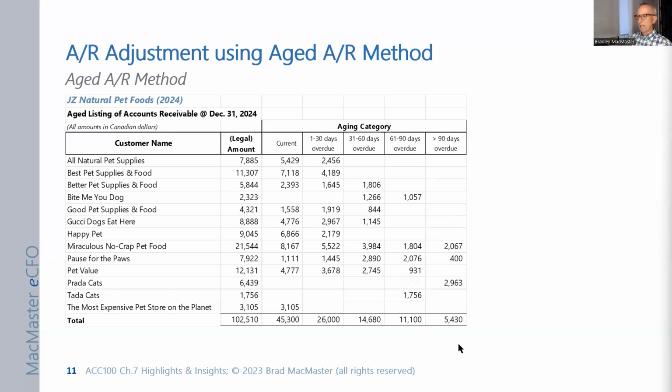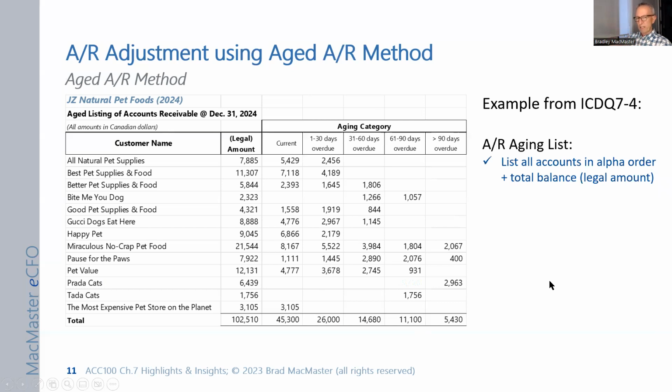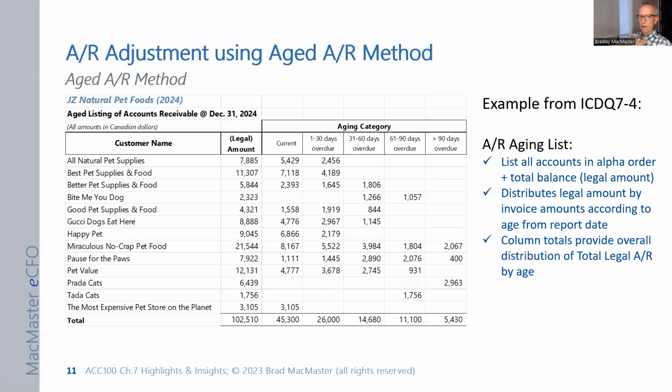Now, this is what I've explained so far. The accounts receivable aging lists all accounts in alphabetical order. It distributes each customer's account or legal amount by invoice according to the date. We total up the amounts for each column after we've done that for each customer.